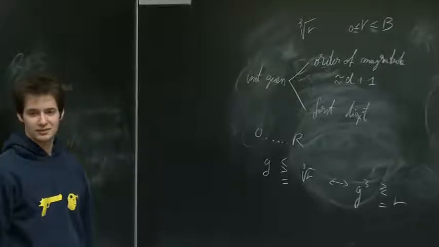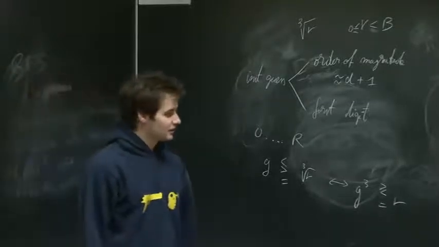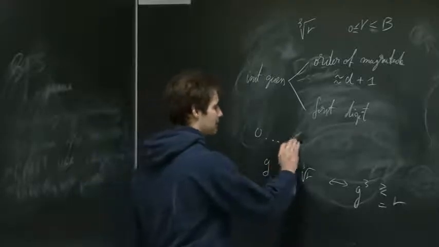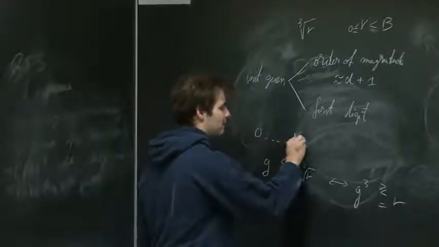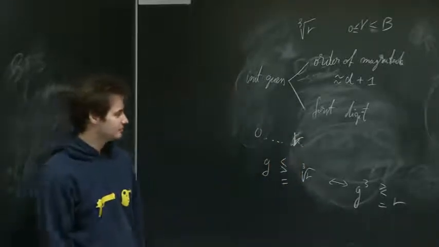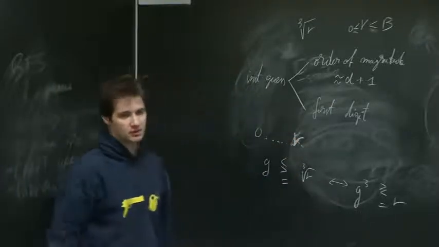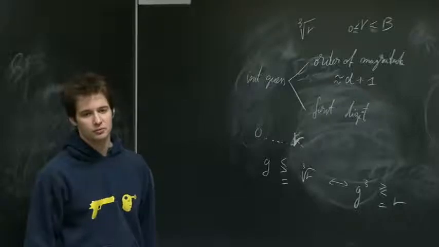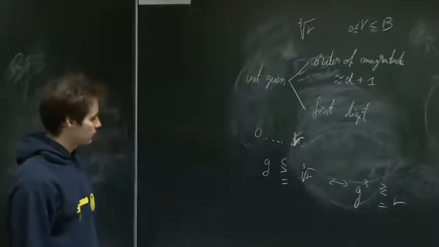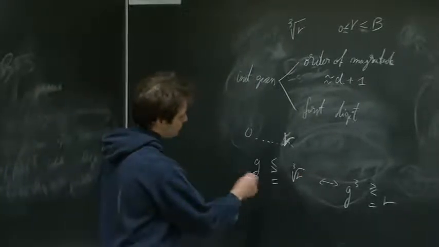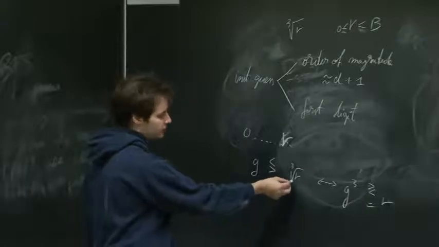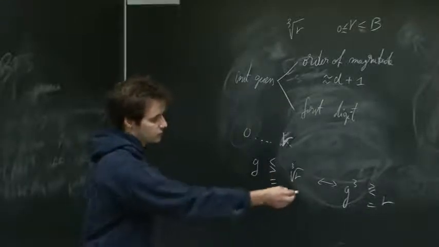Make sense for everyone? Sorry, r, my bad. So this is going to be one digit in base b, so hopefully not too much work. But remember, you can't do the comparison directly because you can't compute the cube root directly, so you need to do it this way.